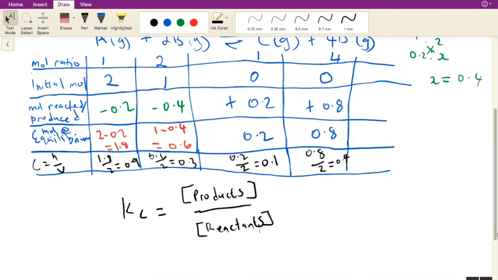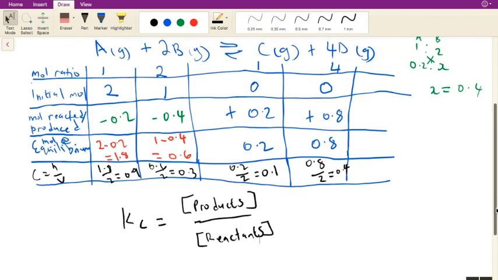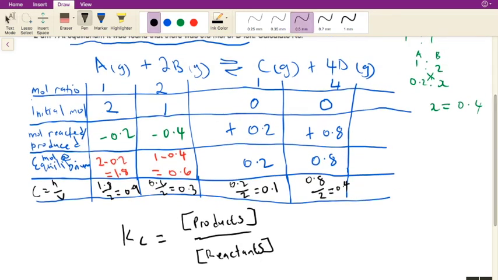Now if you go and look at the reaction that we're given here, you'll notice that our products are C and D. The square bracket represents the concentration, and we have to put an exponent value here. The exponent is 1 because the stoichiometric coefficient is 1, so we don't write it because 1 is an invisible number.